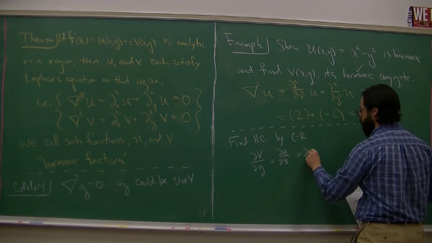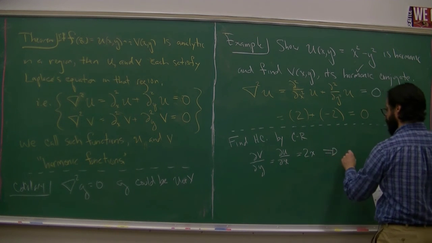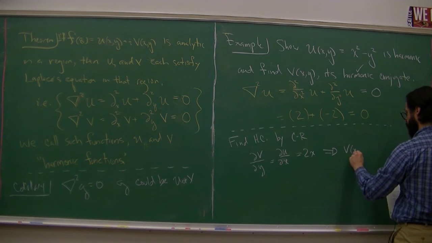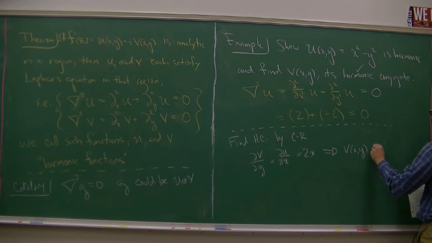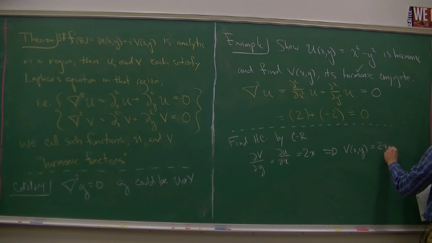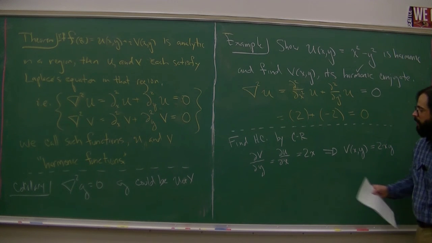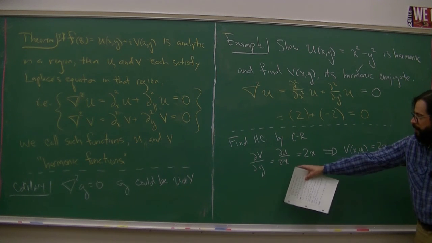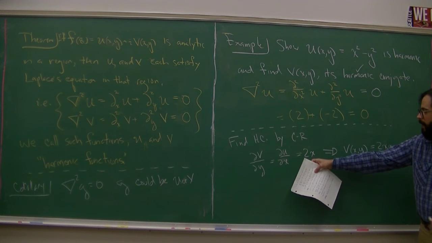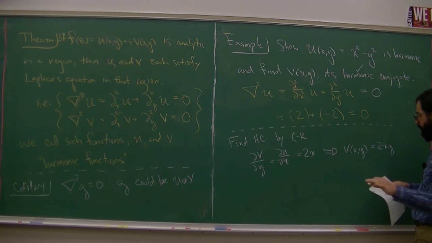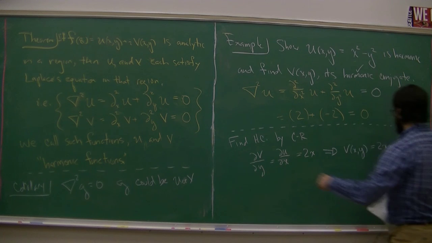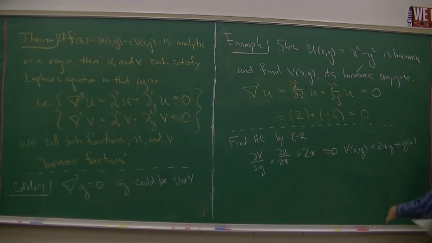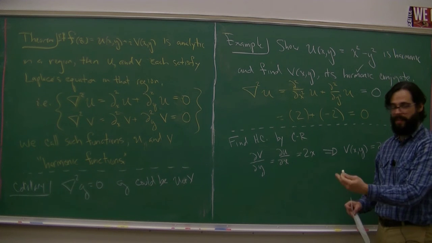That's 2x, which tells me that v of x and y, good thing we took a little time to talk about undoing partial derivatives, is equal to 2xy, but, of course, when I took the partial derivative with respect to y, I would have destroyed any function of x only. So there's some unknown function of x that would have been destroyed when we took the partial with respect to y. And we'll just do the same thing with the other Cauchy-Riemann condition and compare them.